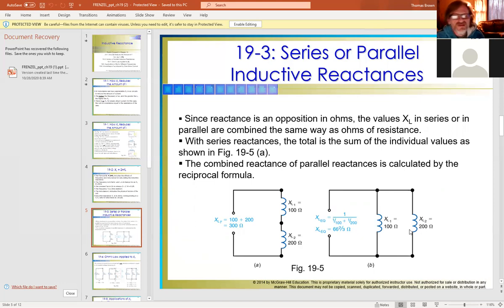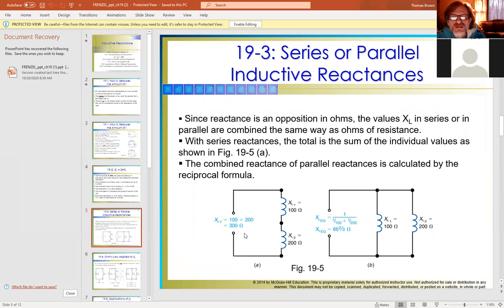And remember, there are going to be two types of things here. If we deal with X of L in these environments, that's one type of thing where we're actually looking at reactance. Now, if we're looking at just straight values of L, that becomes a separate thing. So don't confuse the two, but it just works the same way.